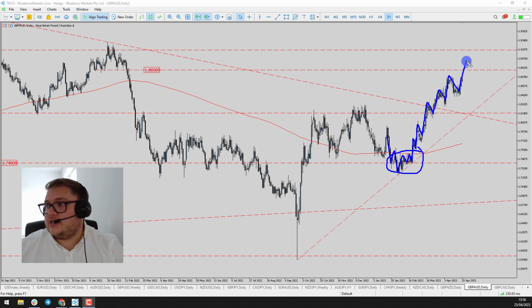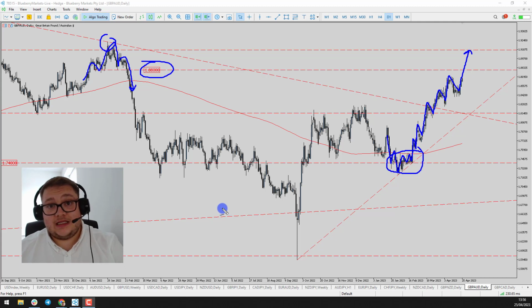So I'm looking for price to continue that into this 1.91 area. The only thing standing in our way really is a 1.88 handle resistance, which came from this head and shoulders pattern, when price found resistance for a continuation to the downside. So I'm looking to see, can price continue to those two levels of resistance.